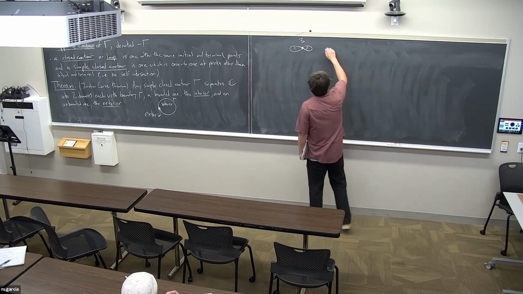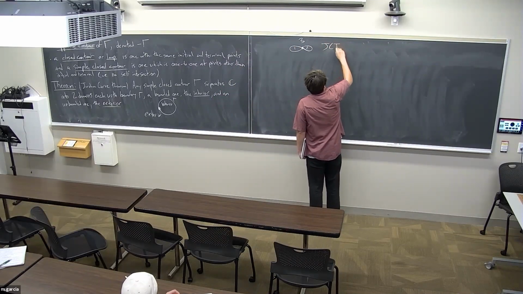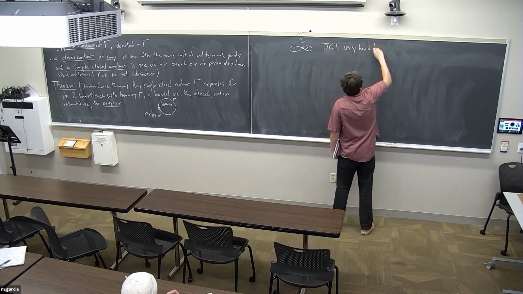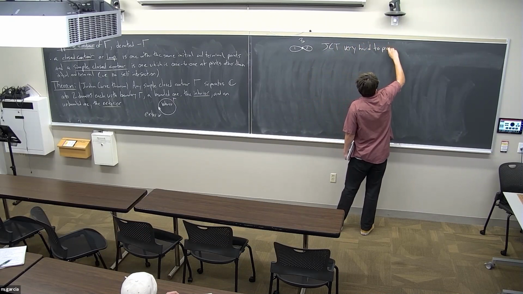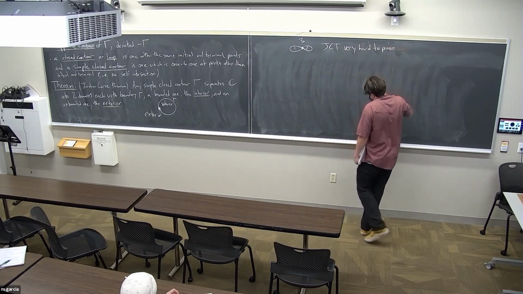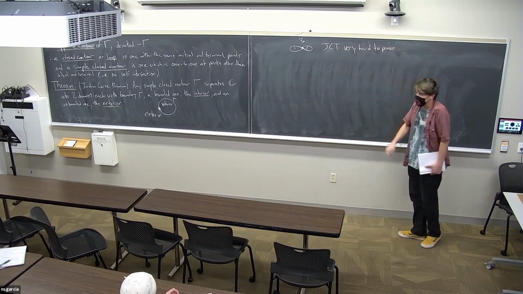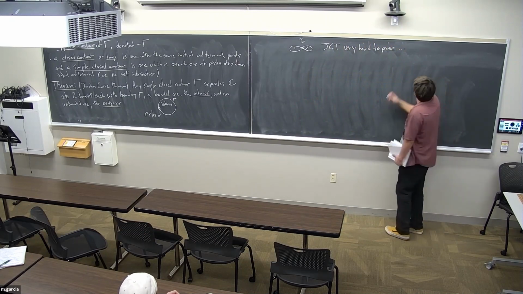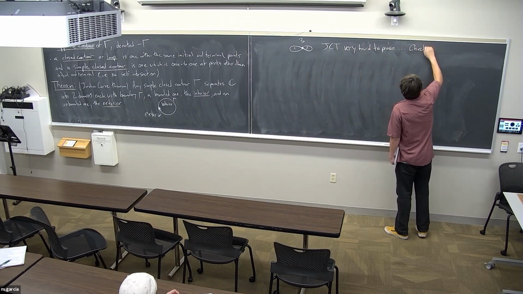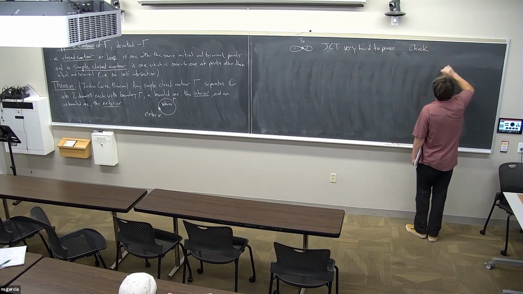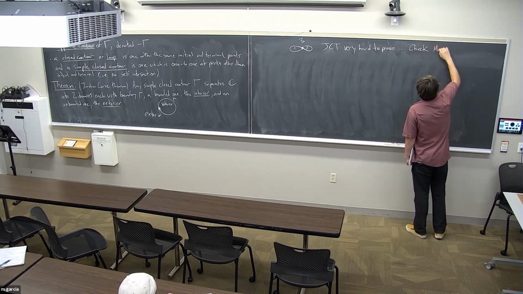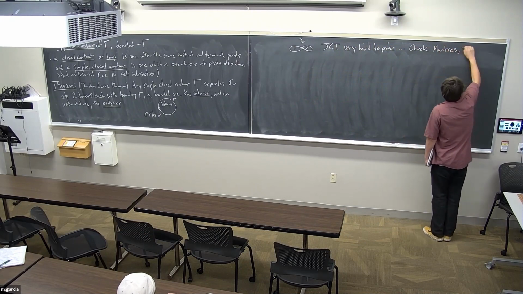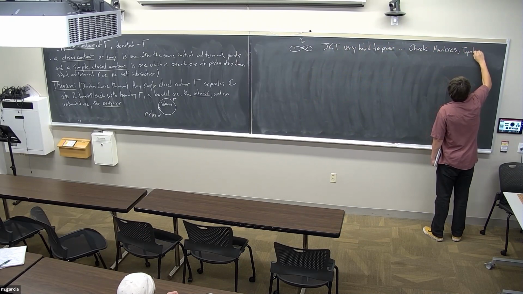So, Jordan curve theorem, very hard proof. But say if you're interested, a good reference is, I think you can probably find this online without too much difficulty, Munkres' topology.